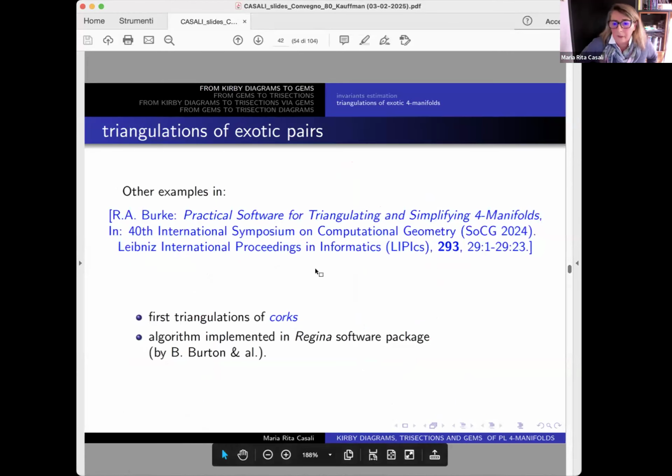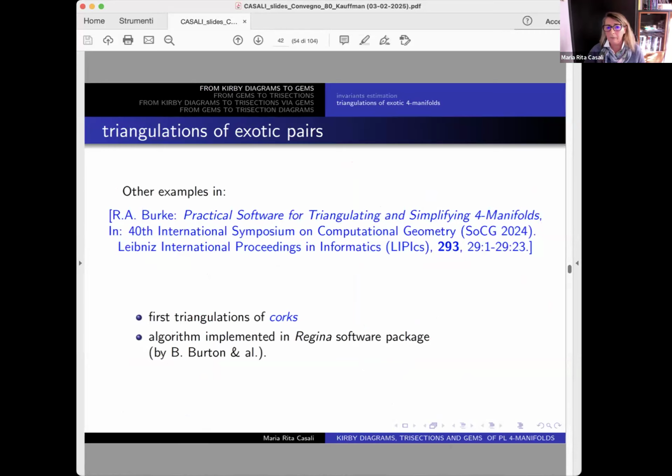Other examples of triangulation of exotic pairs may be found in a recent paper by Riley Burke, where also the first triangulation of quarks appear.